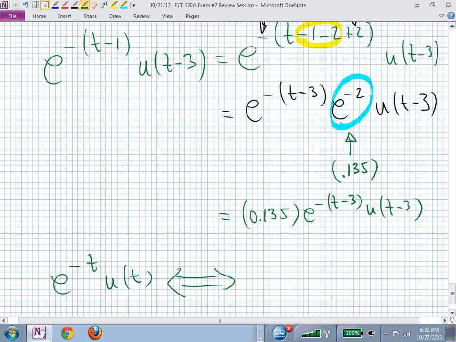What's the Laplace transform of this expression? This should be automatic by Thursday, okay?